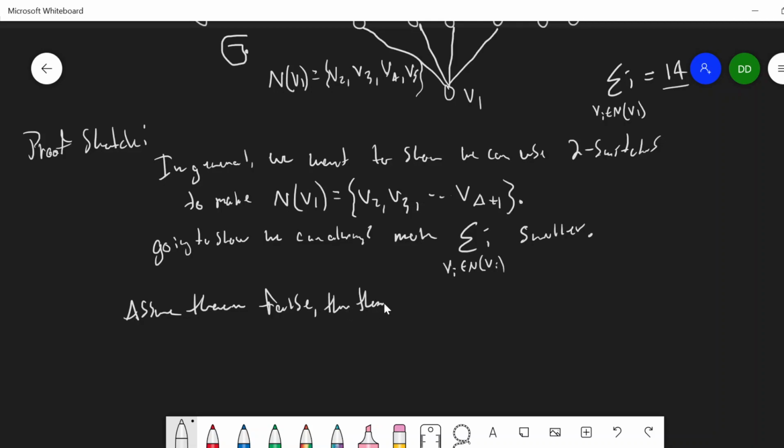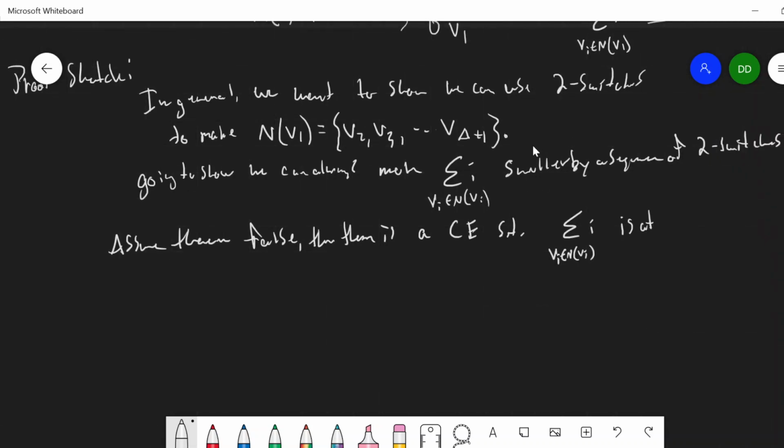Then there is a counterexample such that, when you do this sum, I should have set up here, going to make this sum smaller by a sequence of 2-switches. So if we can't do this, that means there's some smallest counterexample.